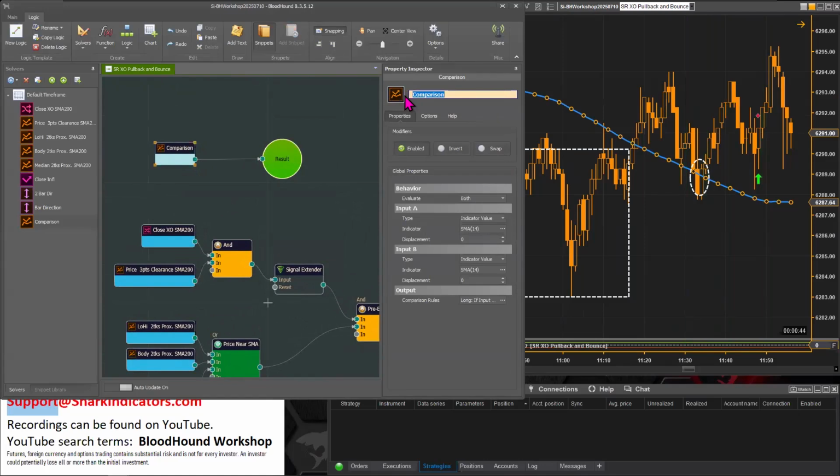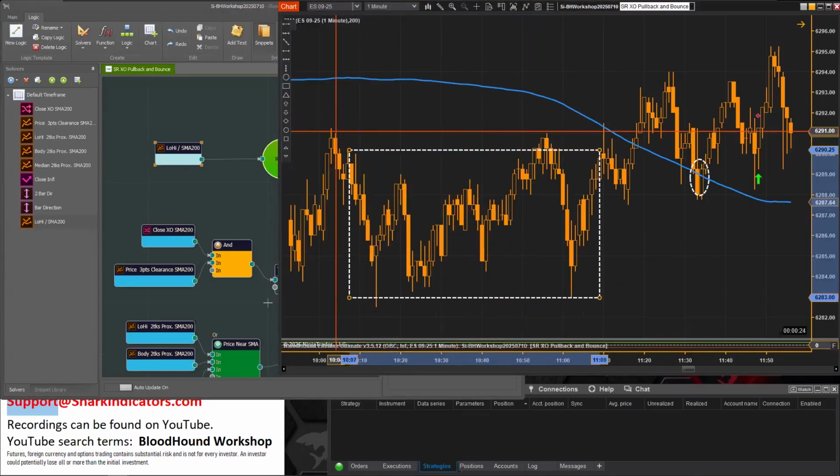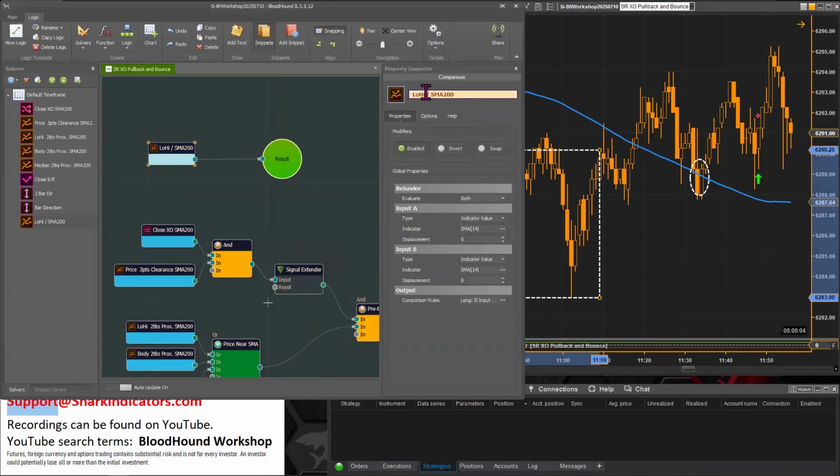Let's see here. In this situation, we want to make sure that the high price of the bars, although we do kind of have a violation here with the high price. So maybe let's just make sure that the closing price of the bar, which might be a little easier to work with, has been on one side or the other of the SMA for a certain length of time.